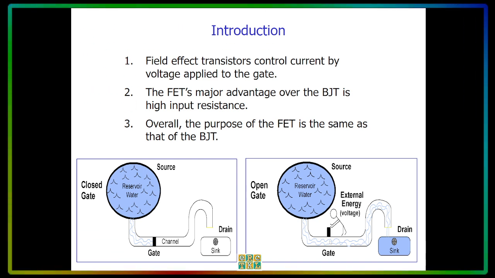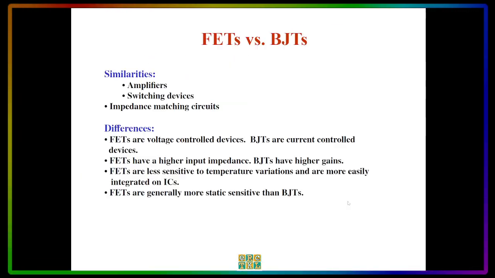Therefore, the current, represented here as water, is being controlled by the gate, which is being controlled by the voltage or an external energy. So the amount of water that will flow from the source to the drain will depend upon the gate, and the gate depends on the voltage or the external energy here.